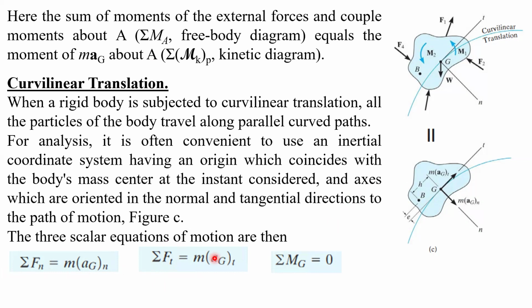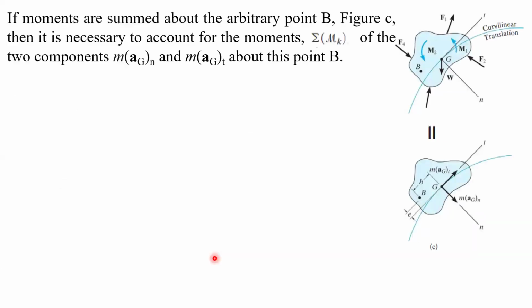If moments are summed about an arbitrary point B, Figure C, then it is necessary to account for the moment of the two components, the normal and the tangential forces, about this point. This is point B.